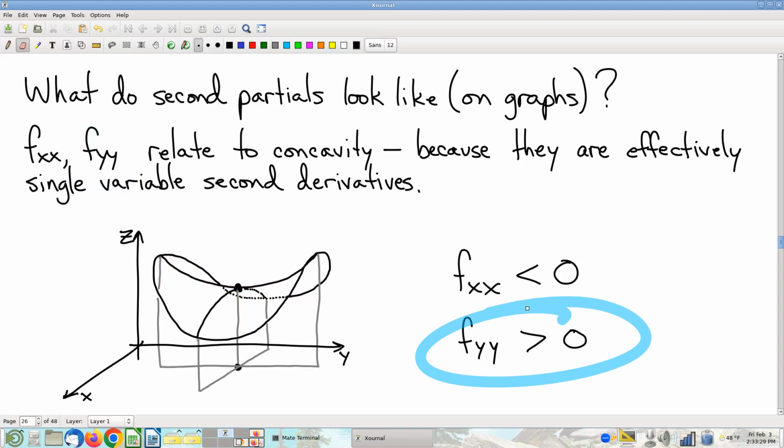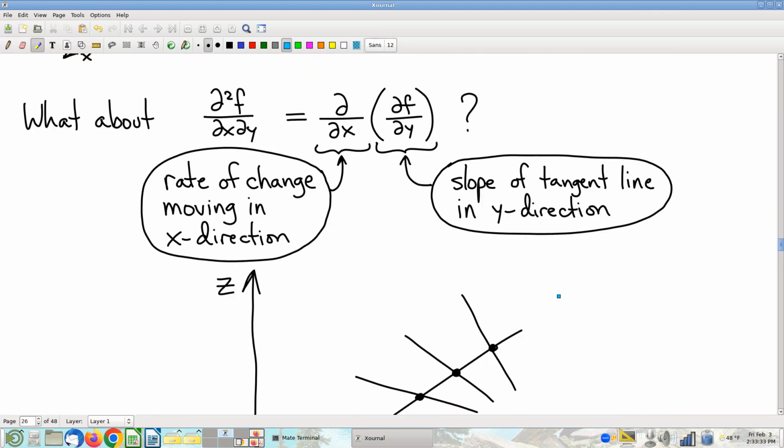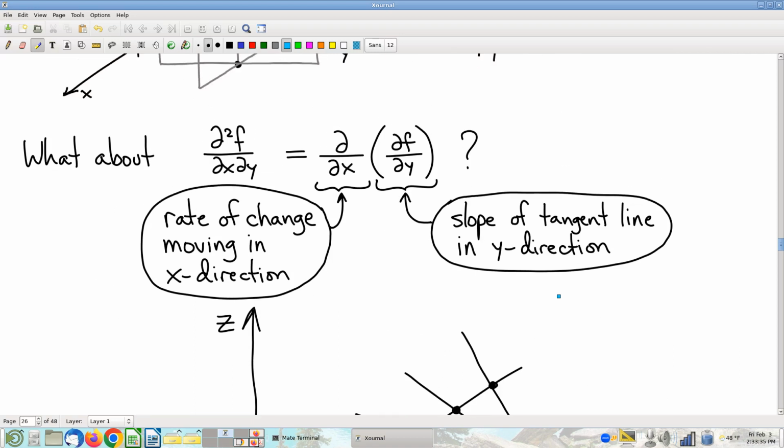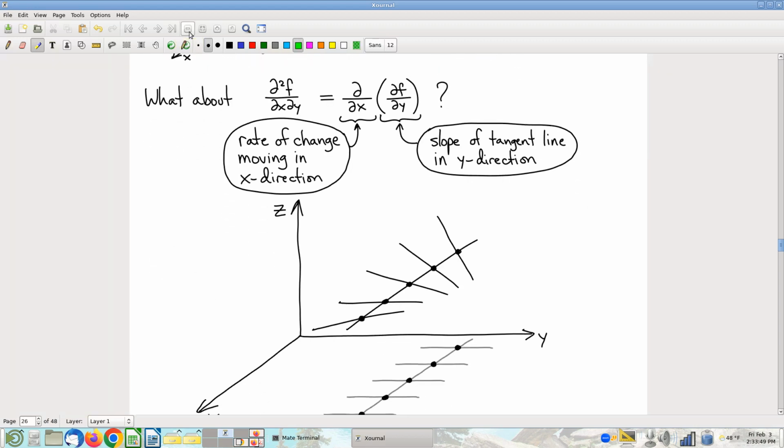And things do get weirder, though, when we look at mixed second partials. And this is a longer conversation. I want to lead into this with how hard it is to talk about this, by pointing out that even though we can make a geometric interpretation of taking a y partial of a function f, I can talk about the graph of f.